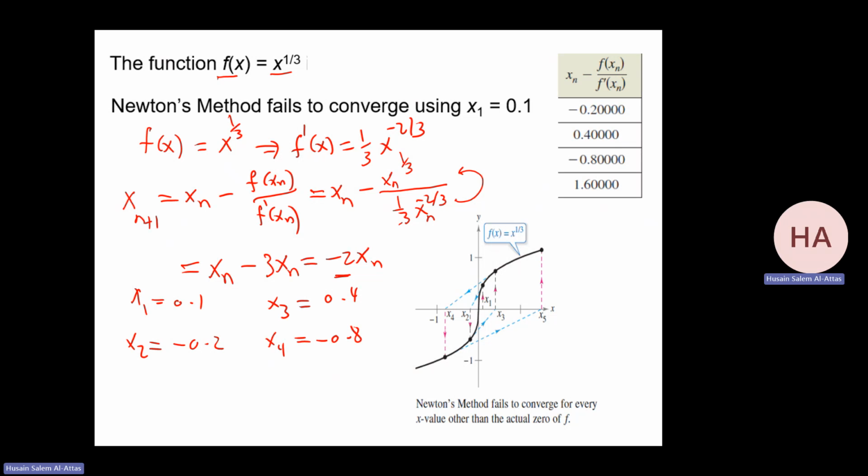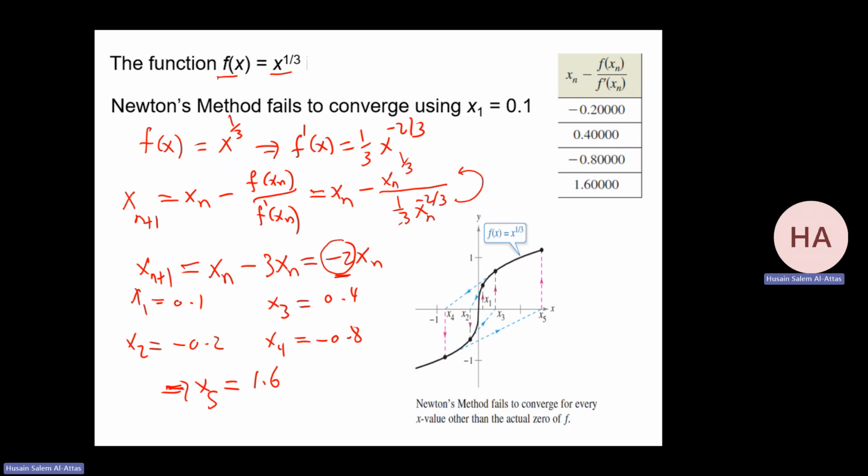I mean, it seems I'm not going to the correct answer. x5 is equal to minus 1.6. So they are increasing. I multiply by minus 2 every time. So for sure, the next iteration will not converge to the correct answer.